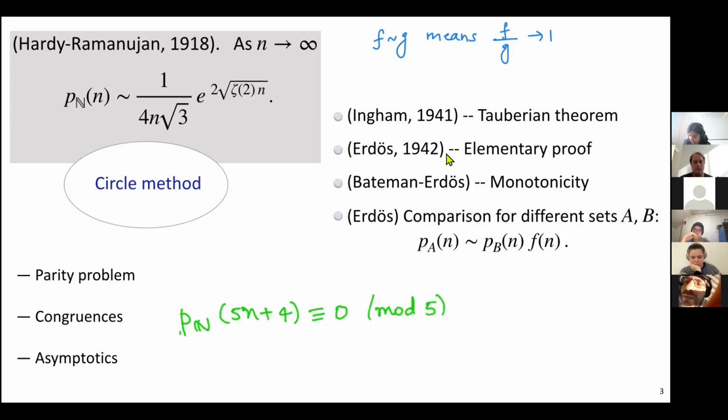Similarly, there are mod 7 and mod 11 congruences, but you could also study this with n replaced by a, and if you have a different A, what congruences could you get? That's another question. But for this talk, we are only going to focus on the asymptotics for a particular type of set, including ones involving primes.